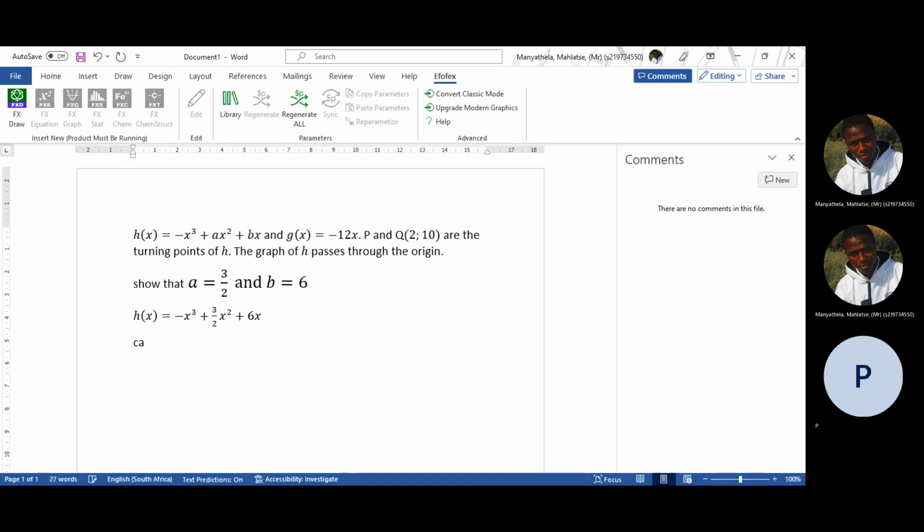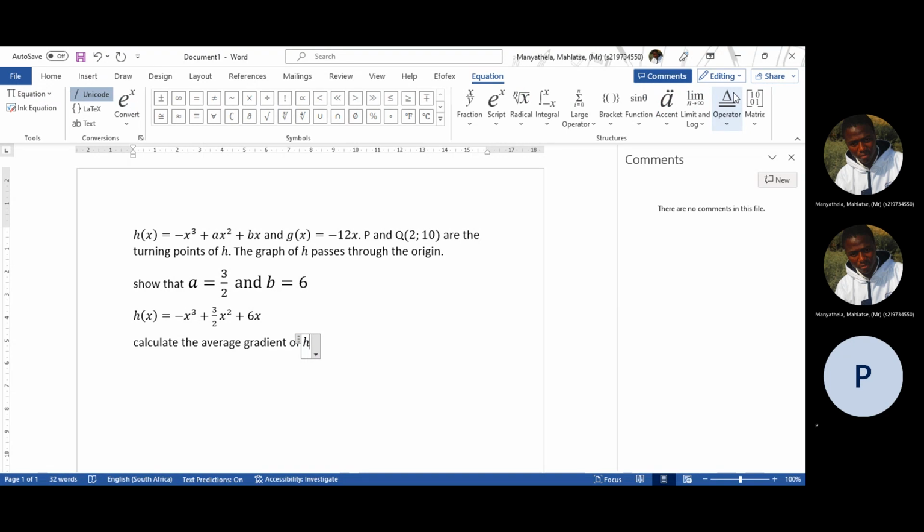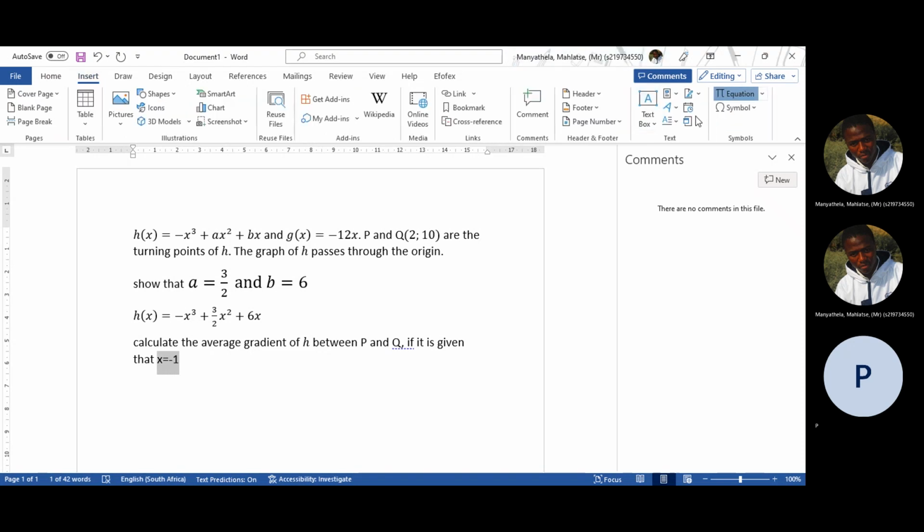Let me first write down the question. It says calculate the average gradient of h between P and Q if it is given that x equals negative 1.